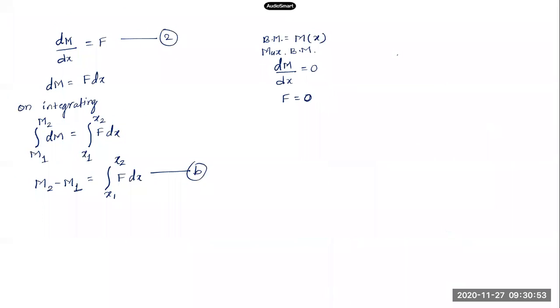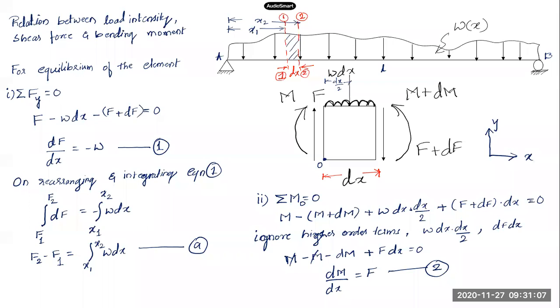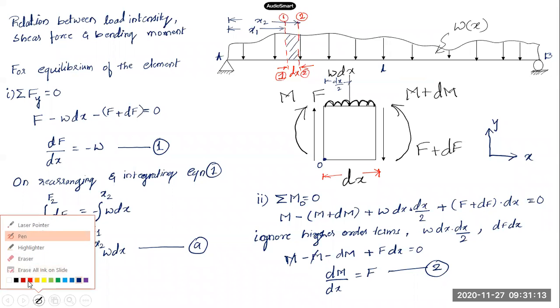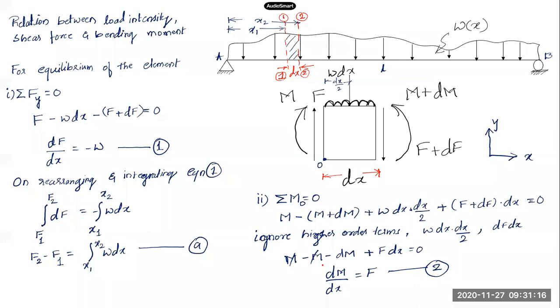Similarly, the difference in the bending moment between any two sections is nothing but the area under the shear force diagram. These can be obtained from relationships 1 and 2, but the most important thing is the first relation, and the second relationship, equation number 2. These are very helpful to us in dealing with problems.